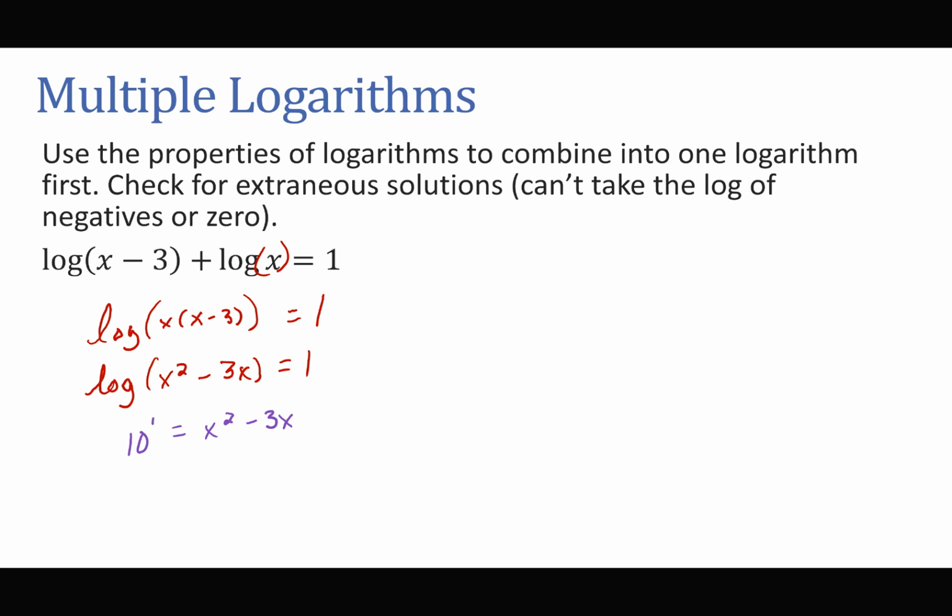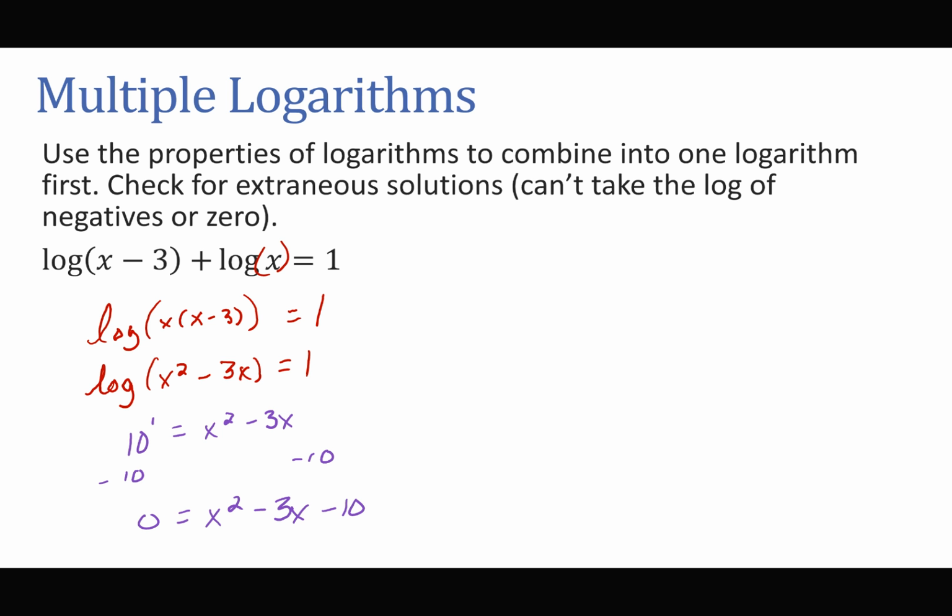Base of the log is the base of my exponent, so it's 10 to the first equals x squared minus 3x. I want to solve this, so if I subtract 10 from both sides, I could say 0 equals x squared minus 3x minus 10. Now I have a quadratic that I want to solve.